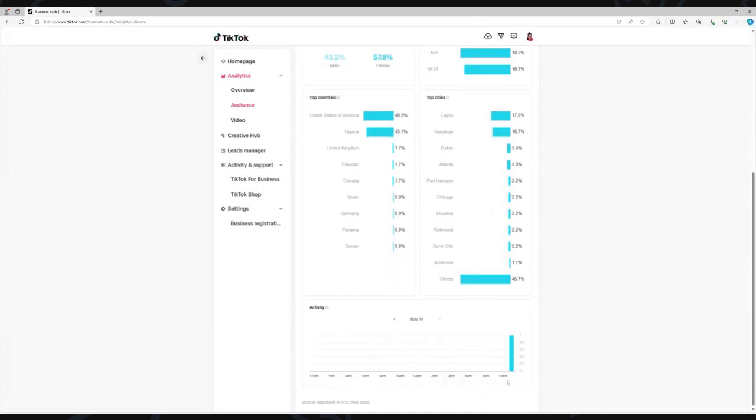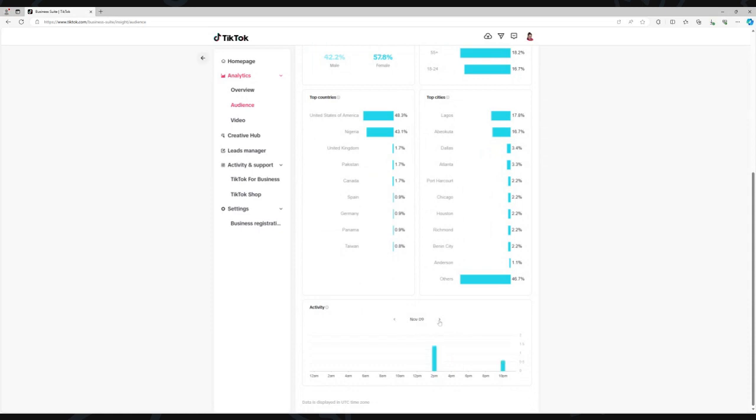And then when I look at the activity, most of the activity is happening at night. Let's see. We can change the day. Look at that. So now I can look and see when is my audience most active. And I'm looking over the last 60 days. This is probably over the last 7 because this is November 8th.